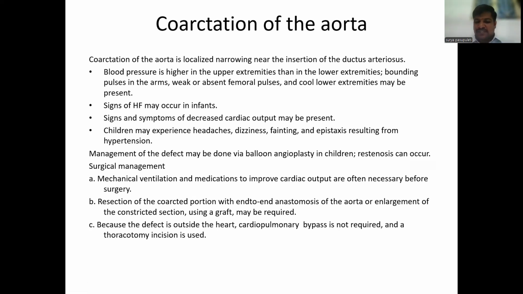Because the graft is outside the heart, cardiac bypass surgery is not required. A thoracotomy incision is used. So with a minimal thoracotomy procedure, we can correct this coarctation of aorta. Okay.